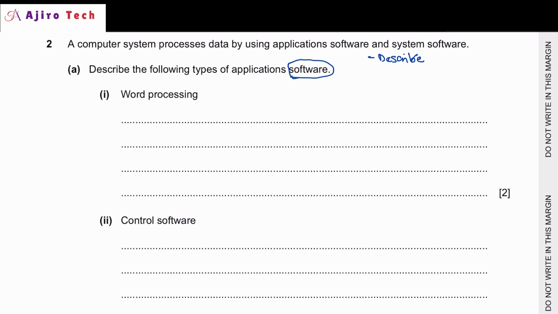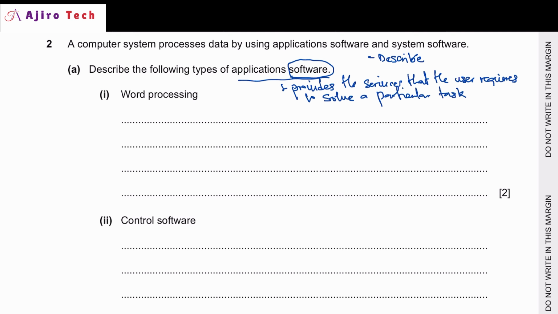Application software, on the other hand, let me write it down, provides the service or services that the user requires to solve a particular task.